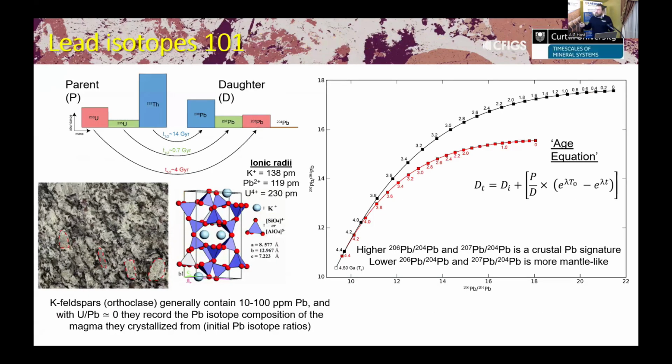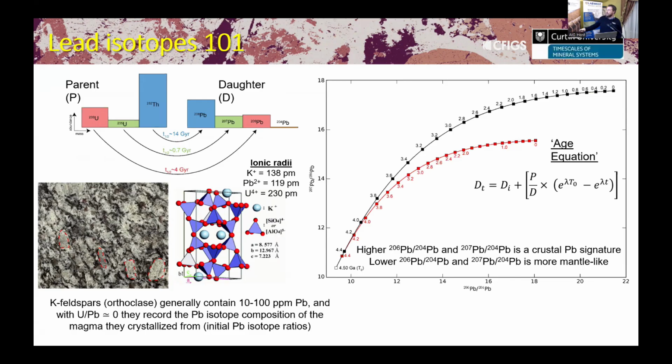We can go further than that. We can now look at lead isotopes. I'll do this quite quickly. What we can look at, remember I said our feldspar doesn't like uranium, but it loves lead. So over time, it's not going to change. So we don't have a clock, but we've got a source signature.